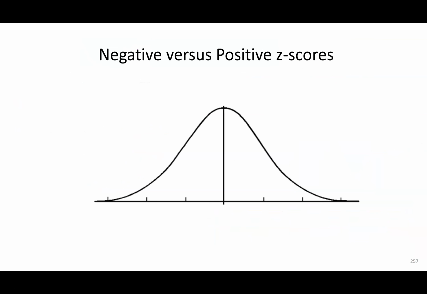So, just negative versus positive scores. I think I mentioned this already. If you get a z-score of 0, that means exactly on average. So a z-score of 0 means you didn't go above, you didn't go below average. Positive means above average. The higher the number, the more above average. The lower the number, so negative, the more below average.